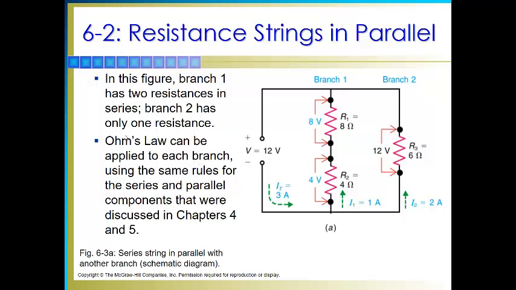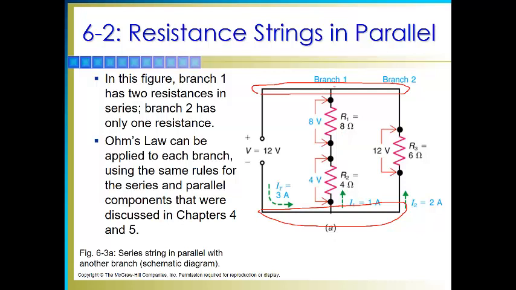We have a similar situation here, right? So we have this branch connected in parallel with this other branch right here. Remember that this right here is one point of connection, and this will be the other point of connection. As you can see, both branches are connected through the same points, so they are connected in parallel.